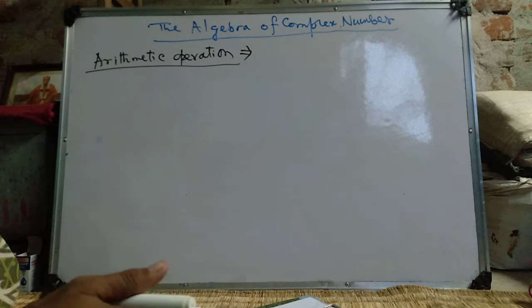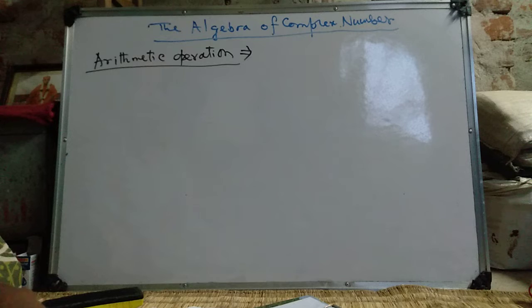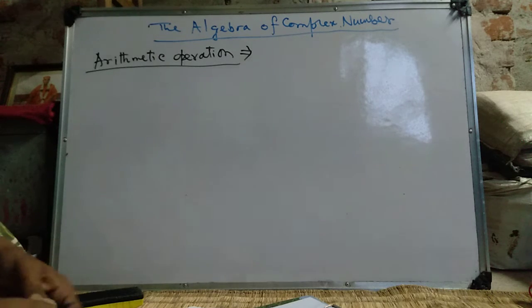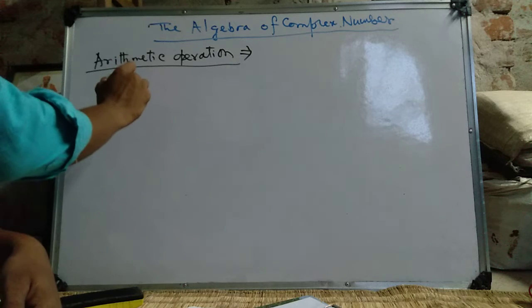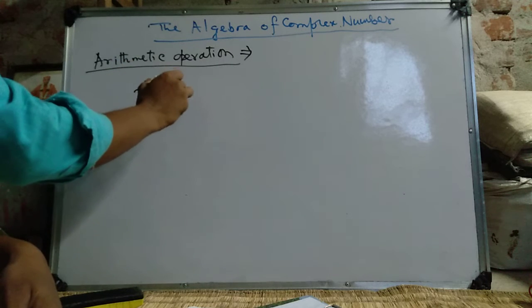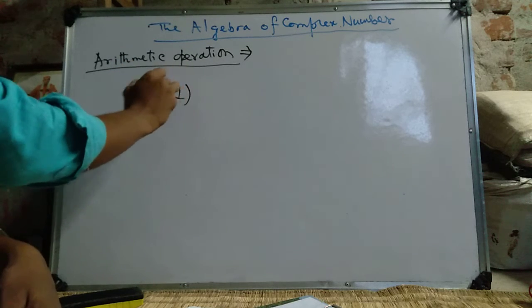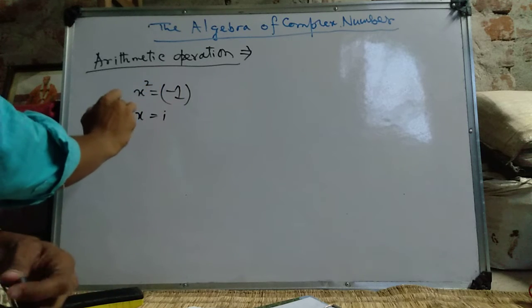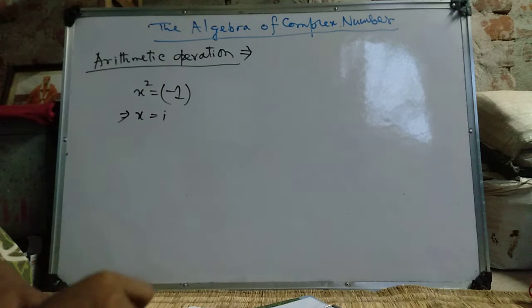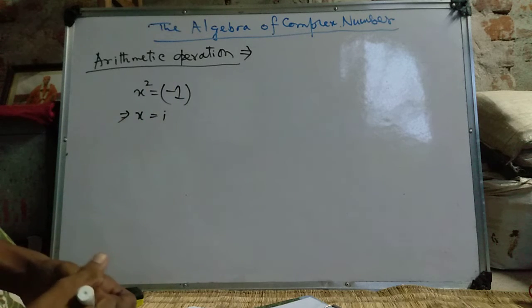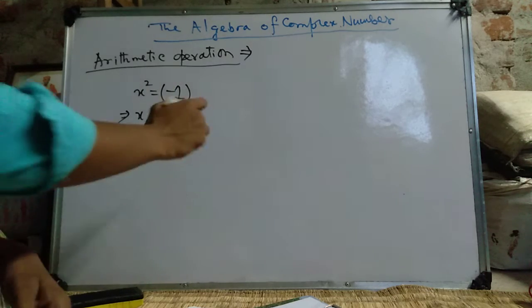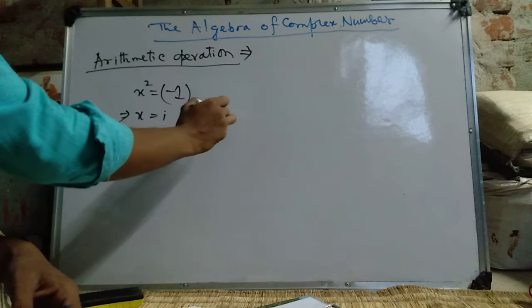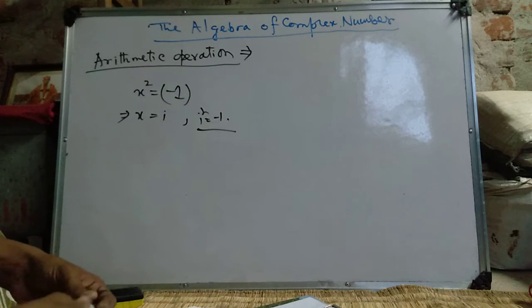We also note how complex numbers are denoted. Why do complex numbers arise? Because we know from the previous class x square equal to -1. How do we handle it? In a simple way: x equal to i, we denote it as one complex identity or complex number i, then obviously i square equal to -1. Okay, in this way we form complex numbers.